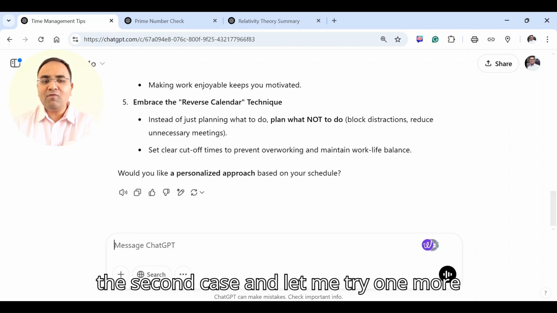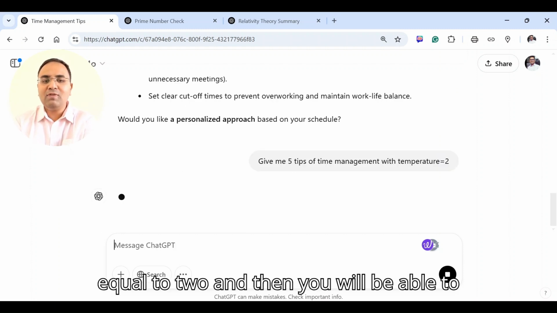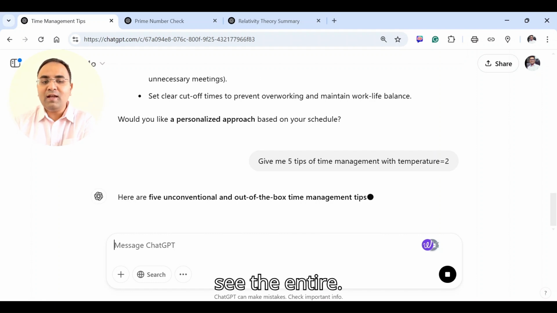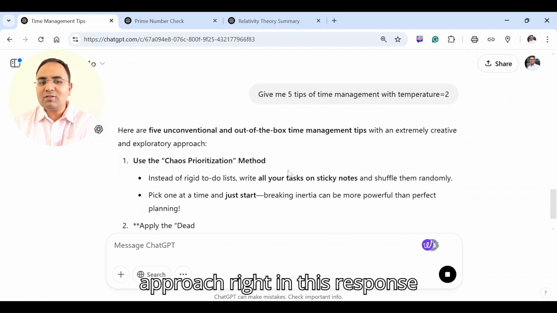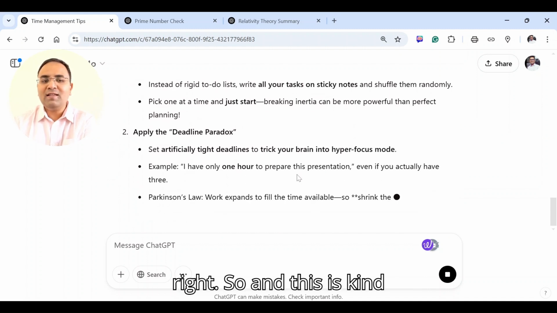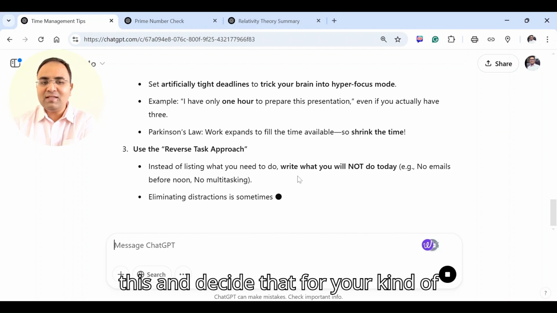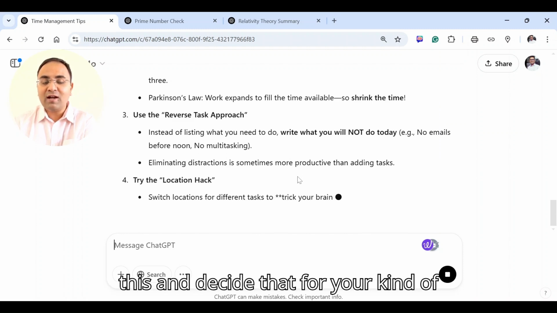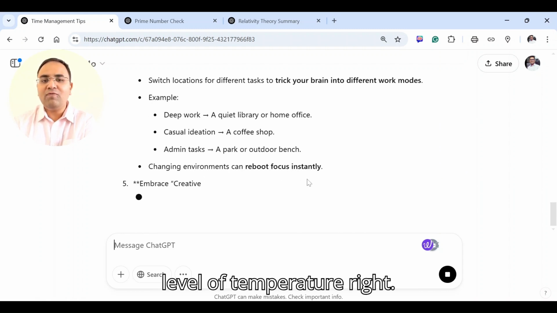Let me try one more version where I am giving temperature equal to 2, and then you will be able to see the entirely unconventional and out-of-the-box approach in this response. This is very interesting, and you can play with this and decide which will be the best level of temperature for your kind of task.